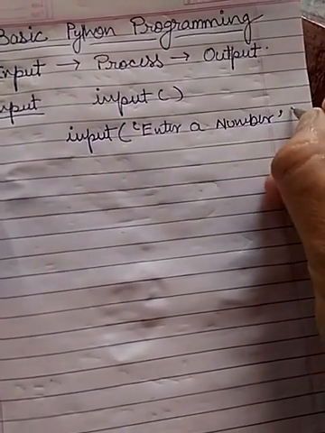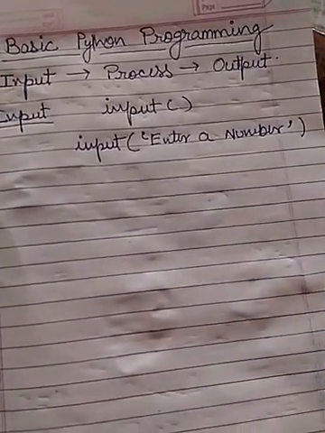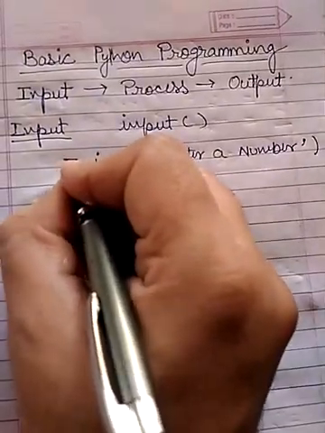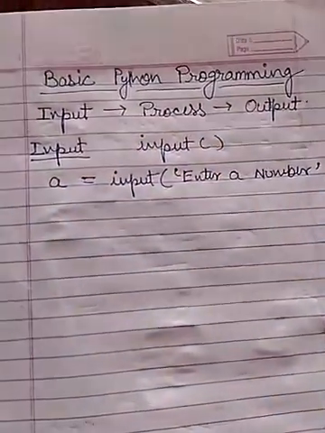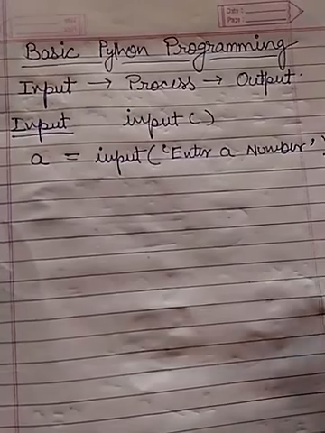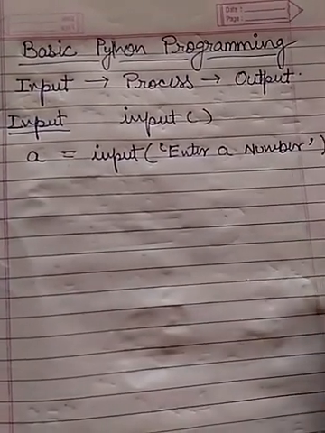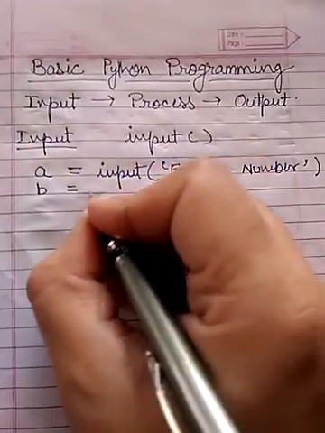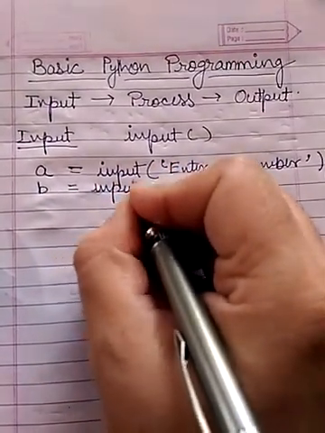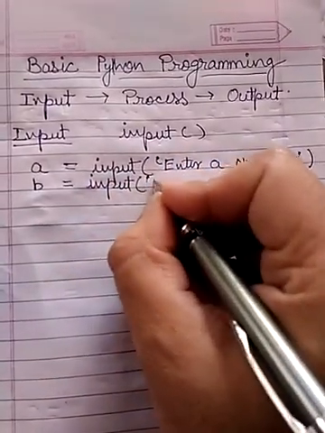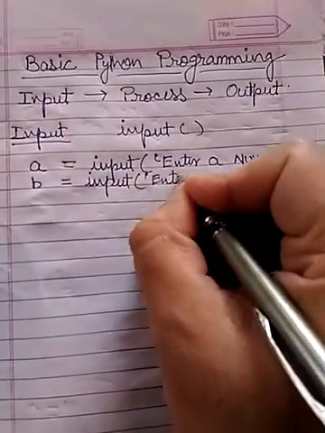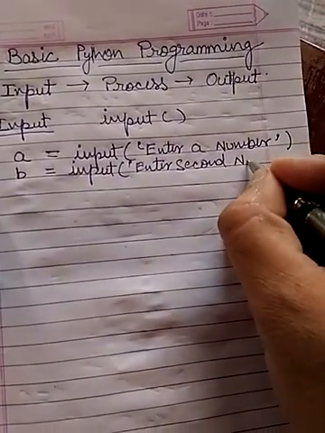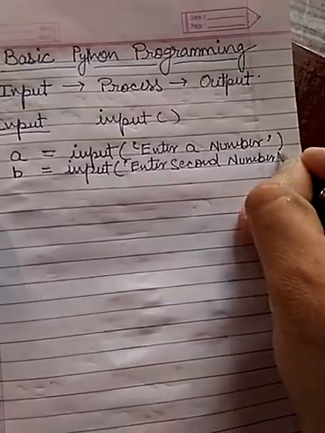This is the message which I want to display on the screen, and whatever value the user will enter, I am storing this value in a variable, let us say a. In the same way, I want to read another value from the user, then I have to take another variable, let us say b, and again I am writing input, enter second number.